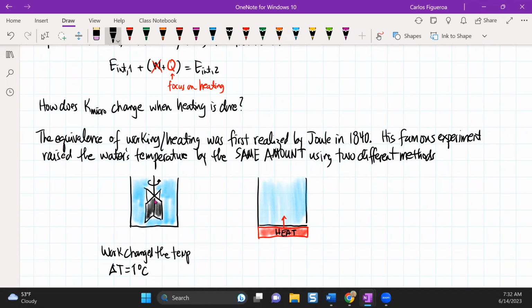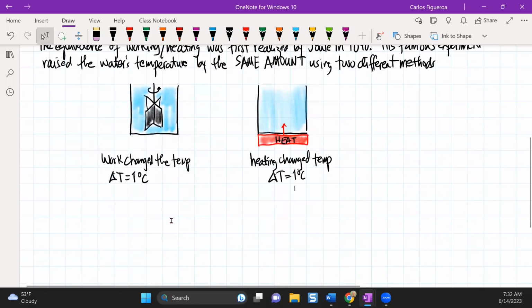Here, the heating changed temperature by 1 degree Celsius. So here on the left, we have a work interaction, and on the right, we have a heat interaction.